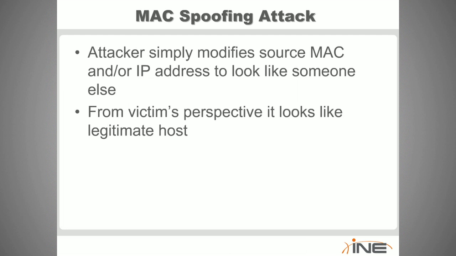This can happen from a layer 3 perspective with IP address spoofing, or from a layer 2 perspective with MAC address spoofing. The key here is that from the victim's perspective, it looks like the legitimate host, whether that be the default gateway or whatever final destination they are trying to reach.